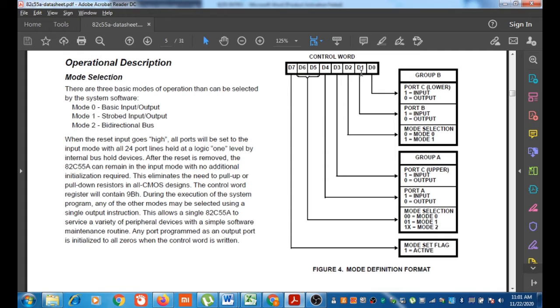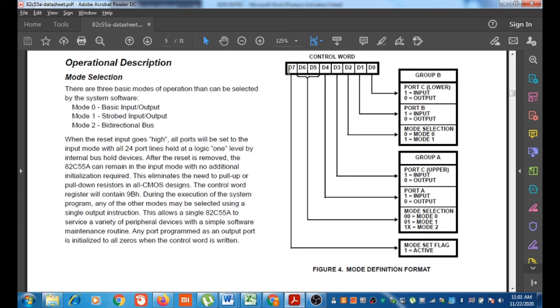Then D1 bit decides whether port B is configured as input port or output port. Then D2 bit is used to select mode 0 or mode 1. See, this group B can't operate in mode 2.